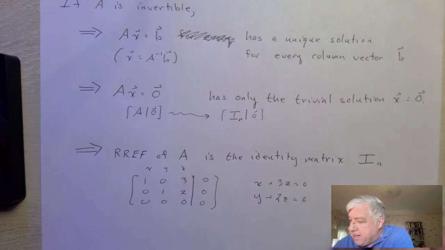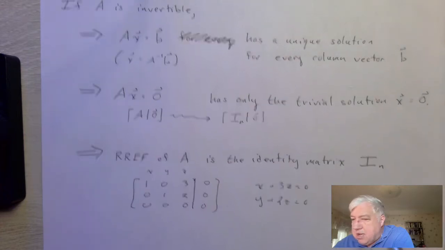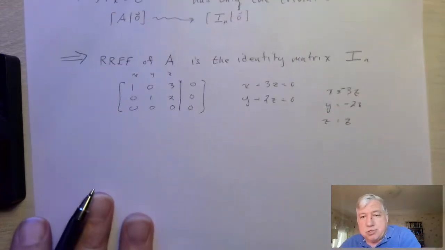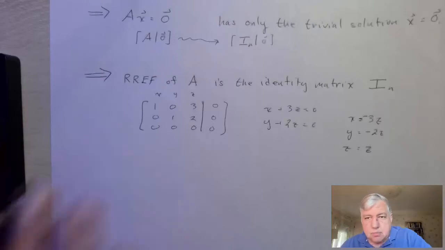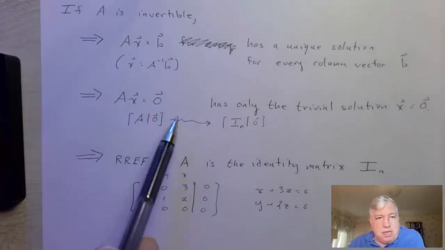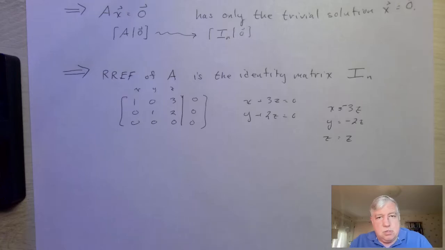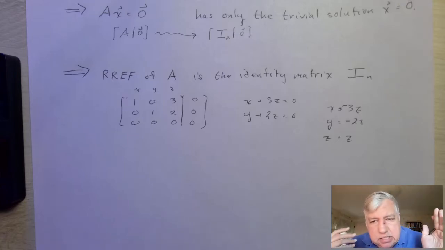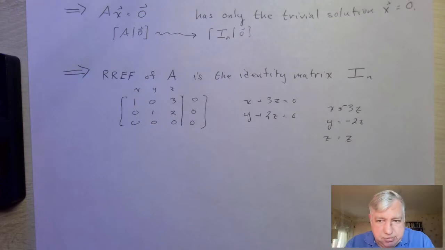So you get that x equals negative 3z, y would be minus 2z, and z would be z, and you'd have infinitely many solutions. That would contradict this statement. So that's why if A is invertible, its reduced row echelon form has to be the identity matrix.